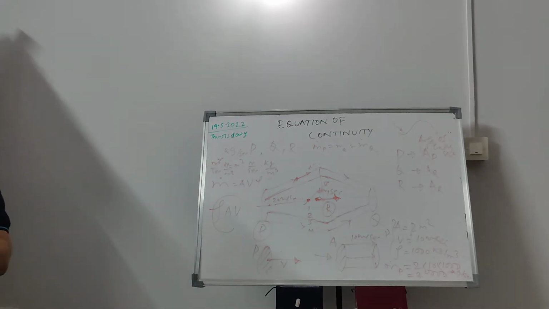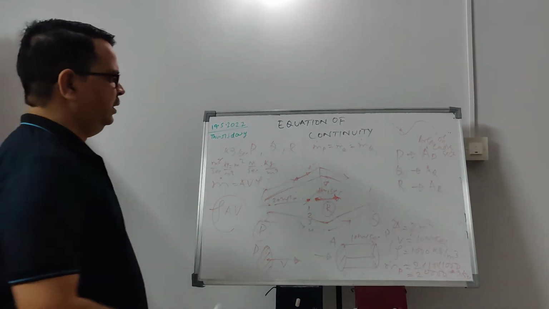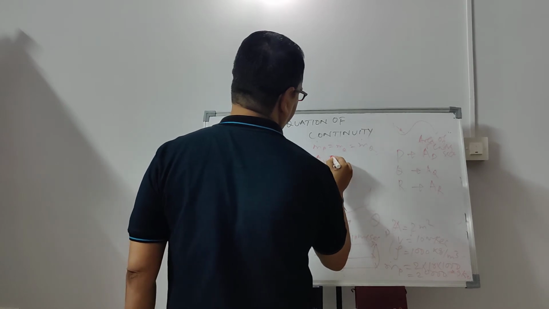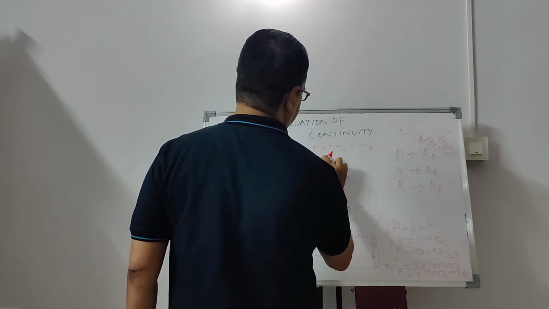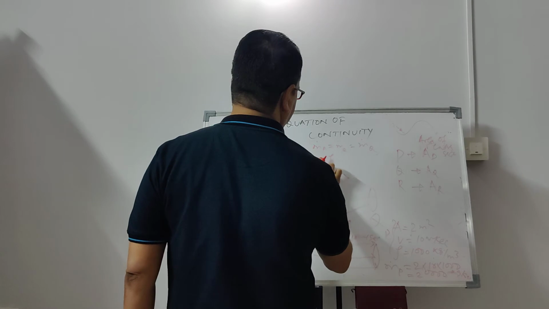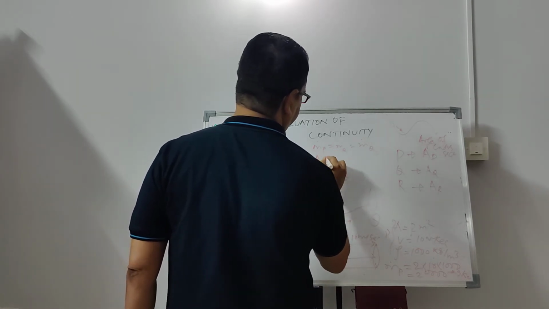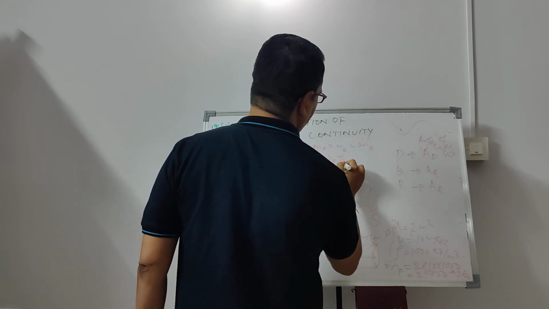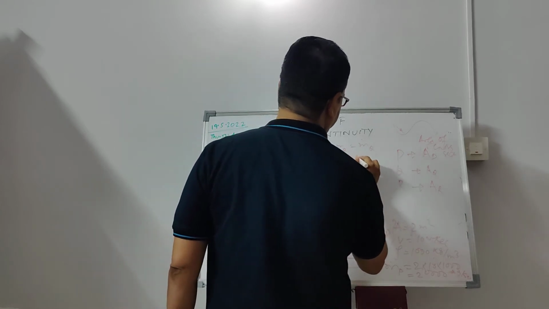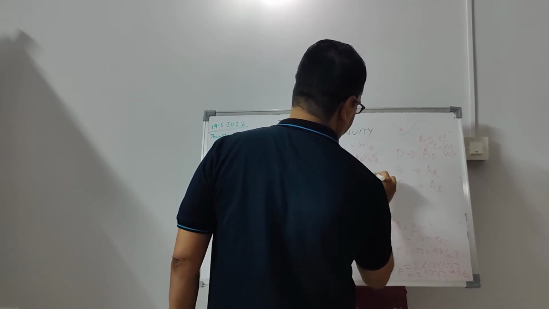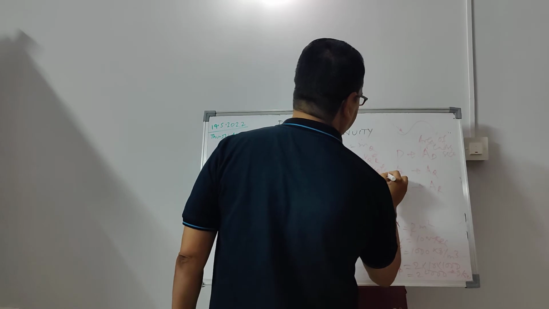This is called the equation of continuity. So it becomes area AP, velocity P, rho P, equal to AR, velocity R into rho R, equal to AQ into velocity Q into rho Q.